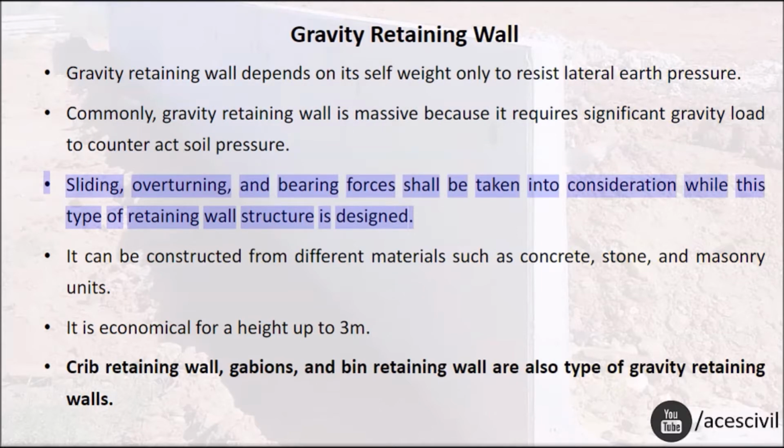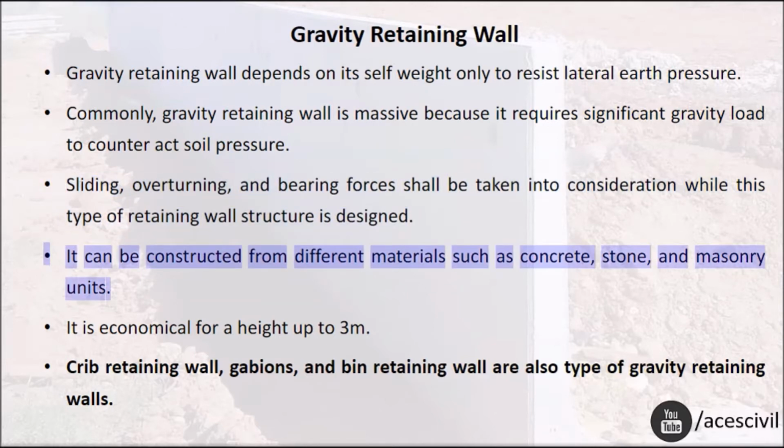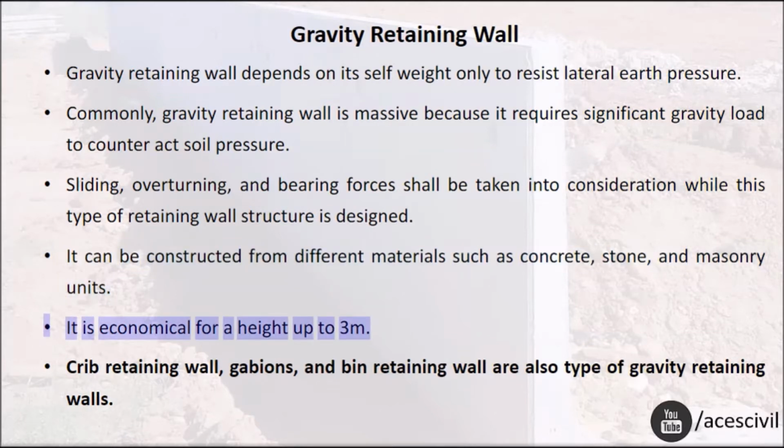Sliding, overturning, and bearing forces shall be taken into consideration while this type of retaining wall structure is designed. It can be constructed from different materials such as concrete, stone, and masonry units. It is economical for a height up to 3 m.